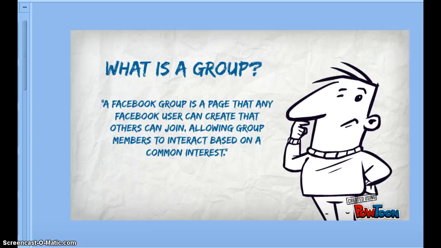It could be about cats or dogs or food or youth sports or cooking, or what a lot of you guys are interested in, network marketing. It could be about absolutely anything, and all it is is allowing people to join that page so they can communicate about that specific interest.